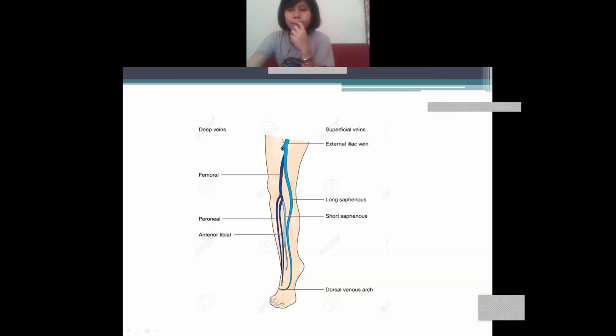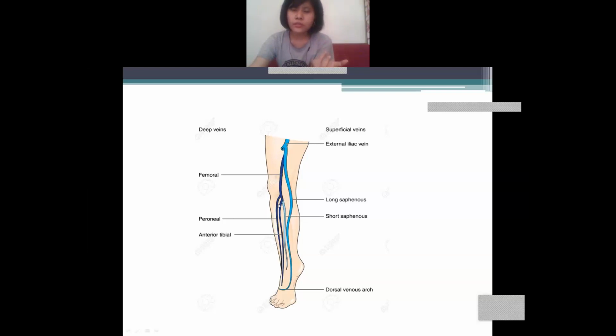Yes, ma'am. Okay. So what I was saying is that the femoral veins are divided into different branches. These are the communicating veins. All these branches are known as the communicating veins.